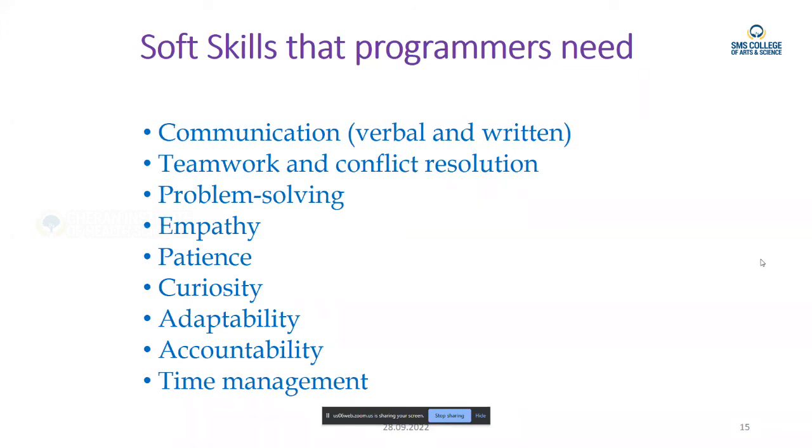If a college website is launching, it is not a single person's work. If you google your college website, like the SMS College of Arts and Sciences, that website can't be developed by a single person.